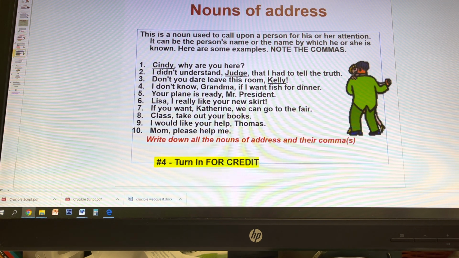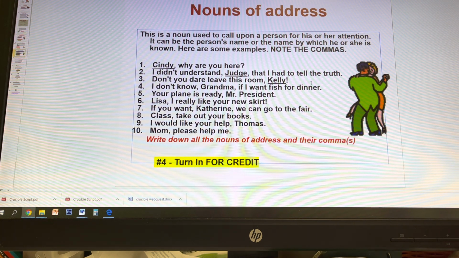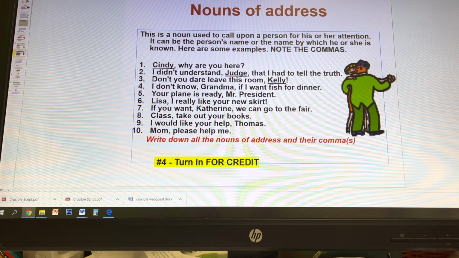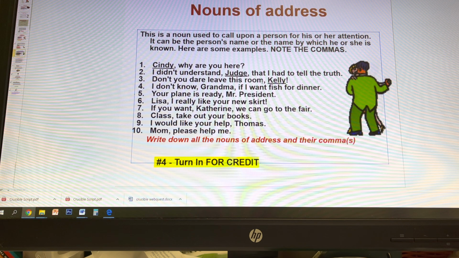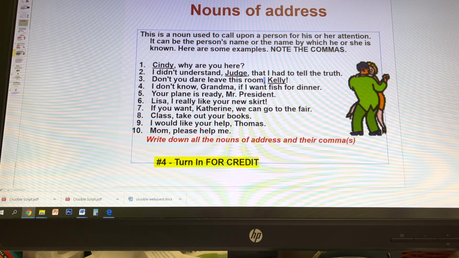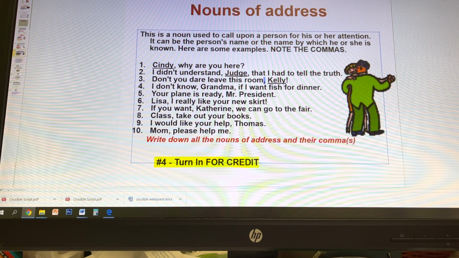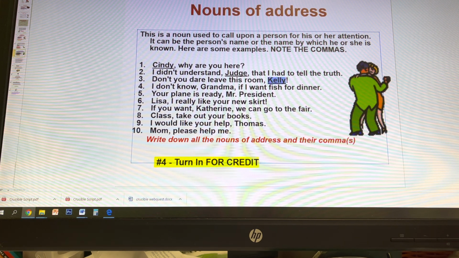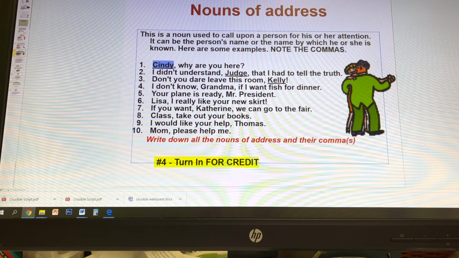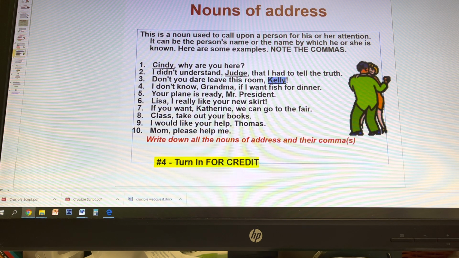Now, if we put the noun of address at the end of a sentence, like this, don't you dare leave this room, which would be fine, but then we're specifically addressing Kelly, we put the comma in front of the noun of address. If it's at the beginning, the comma is after the noun of address, but if it's at the end, the ending punctuation is at the end.